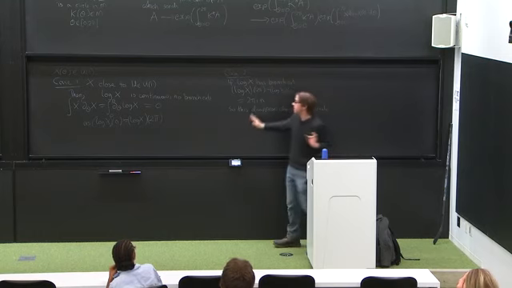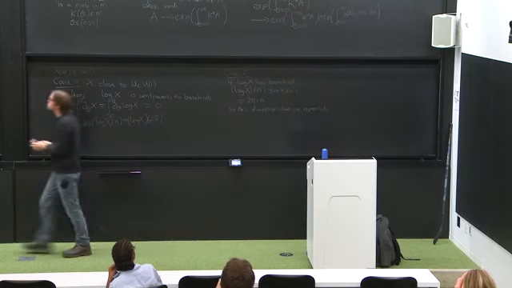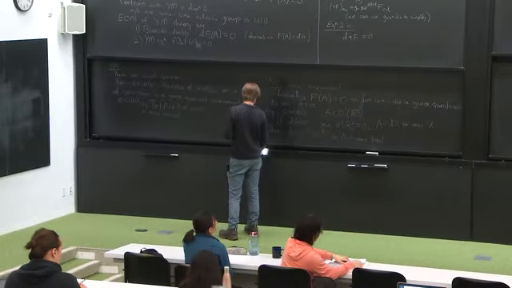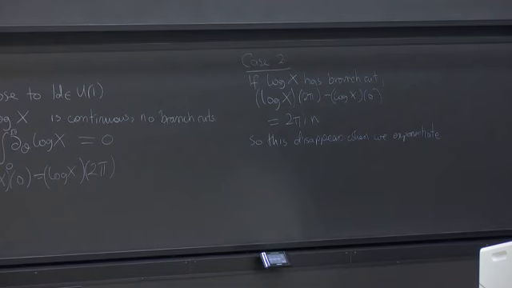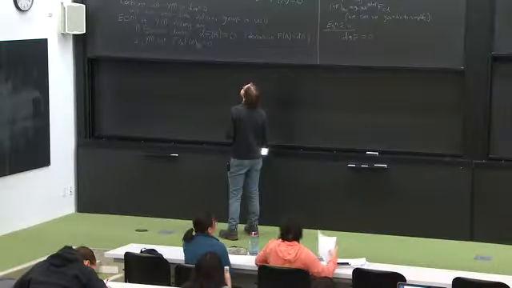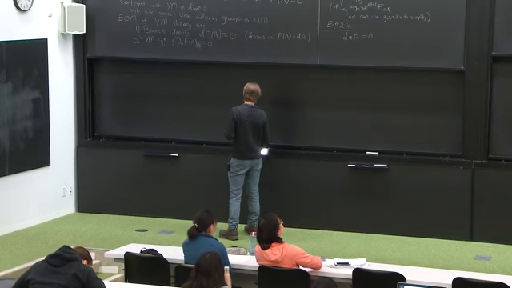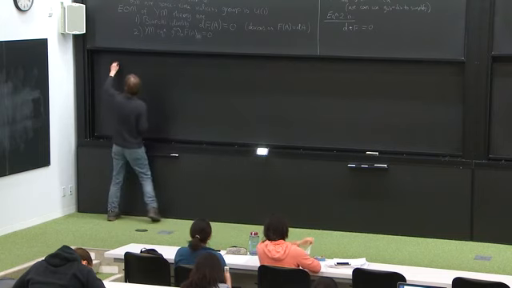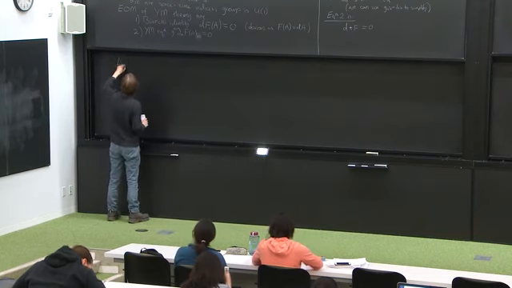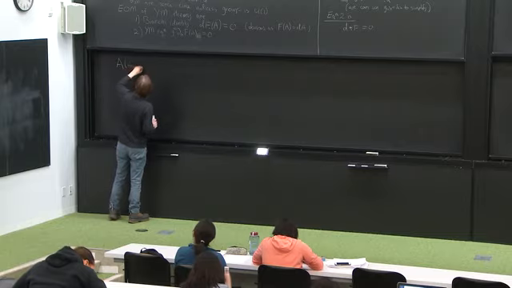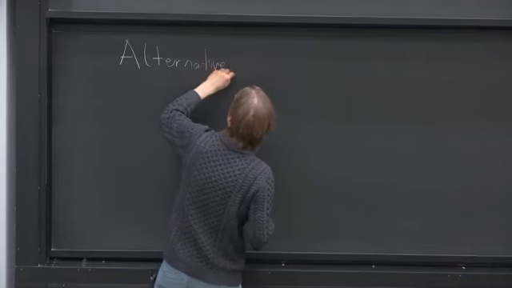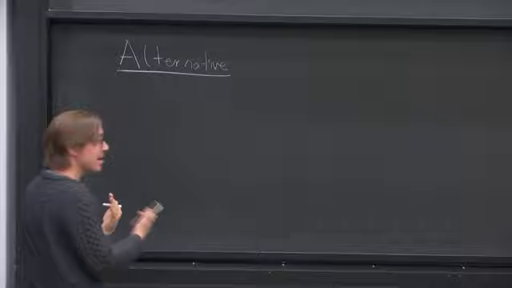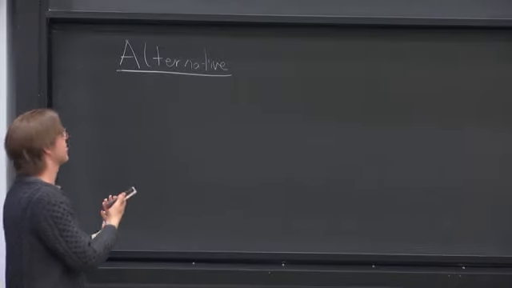So let me say another way of understanding Wilson lines. This should remind you a lot of the way we understand the Chern-Simons action as an integral over a four-manifold with boundary.